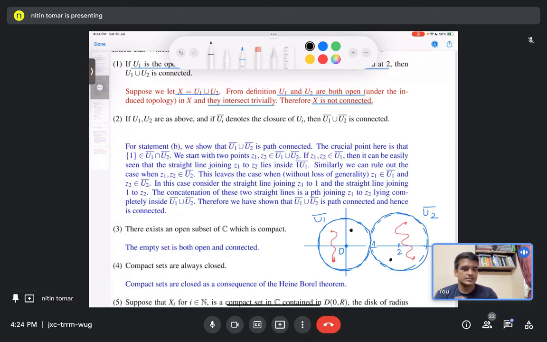The answer is yes. Why? You go to 1 because 1 is also in the set. So from this point you go to 1 and from 1 you can always go to the other point. So this set is path connected and therefore connected, and this is precisely what is written in language here. So this is true.